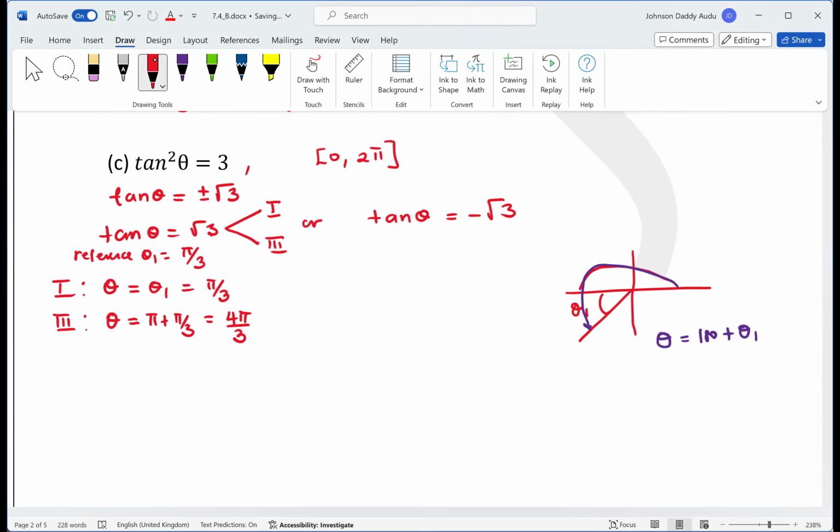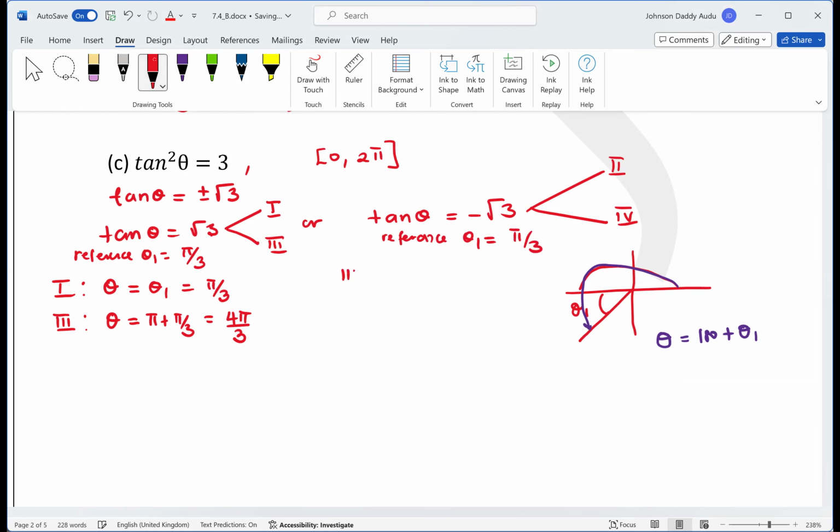Okay, now this is also the same. Here also we have to be in the second or in the fourth quadrant. But the reference angle will remain the same. So our reference theta 1 is still pi over 3.